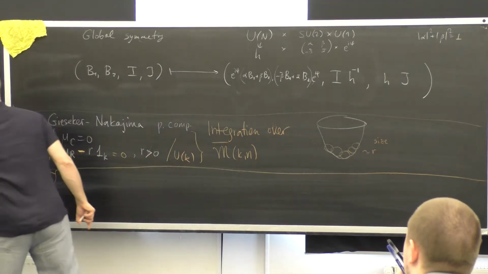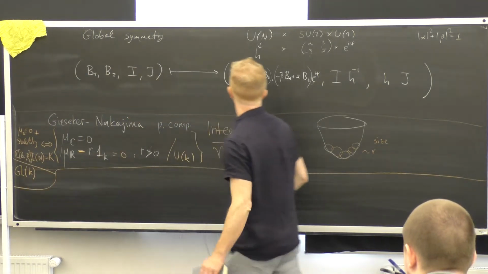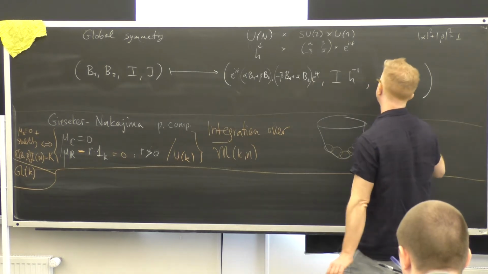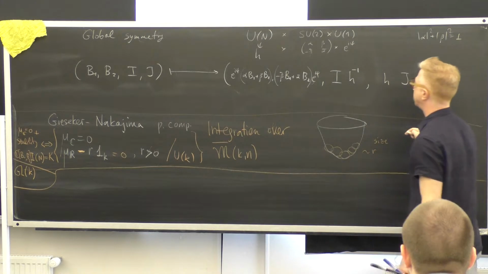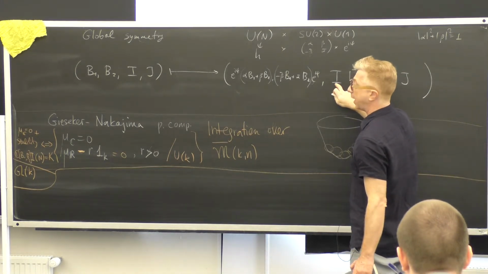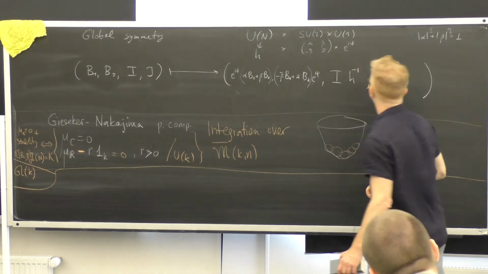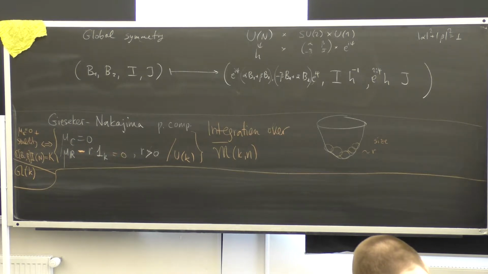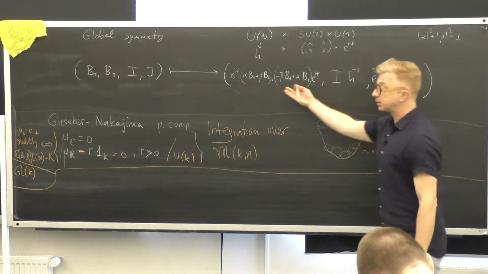And so in order to make this equation covariant, you also need to act on the matrices I and J. And there are some choices. So for my presentation today, I will make an asymmetric choice. I will not touch the matrix I. Instead, I will multiply J by the square of the phase. And so that's a global symmetry.